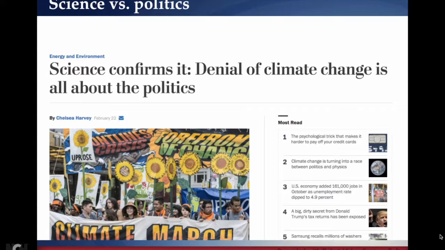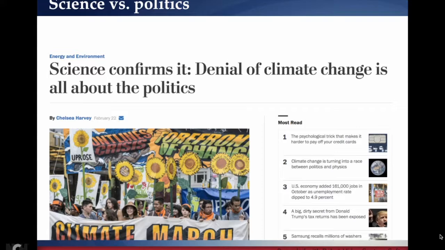Certain governors have banned the use of the word climate change or global warming. But really, when you look at the heart of the evidence, we are having increasing temperatures, we're having increasing sea level rise, and I think most people can agree that that is happening nowadays.